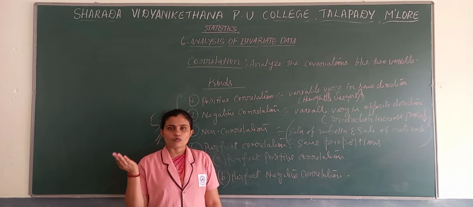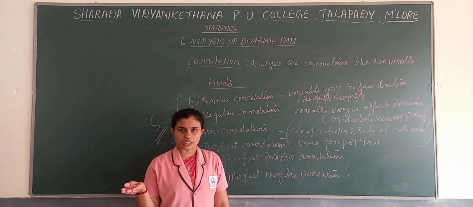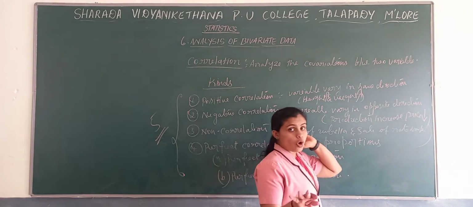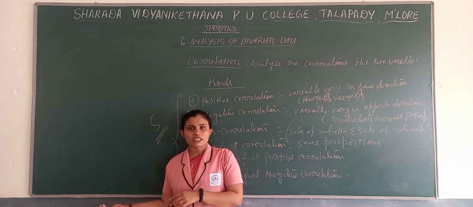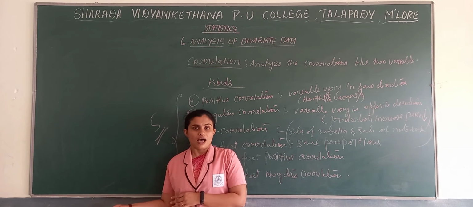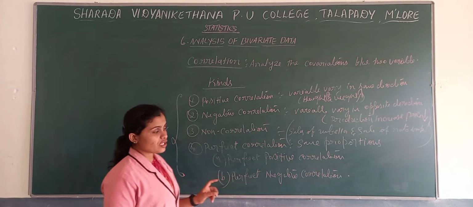Height increases, weight also increases, we know that. But at what proportion height increases, in the same proportion whether weight also increases, that we are studying in the perfect correlation.